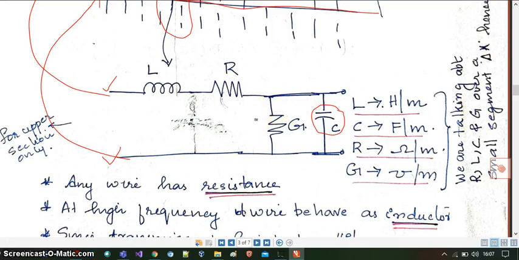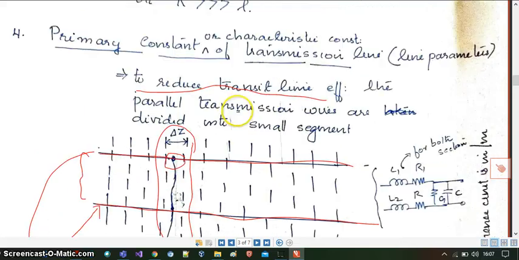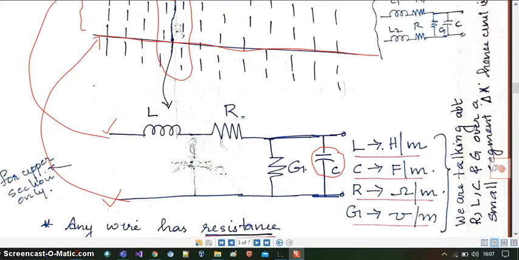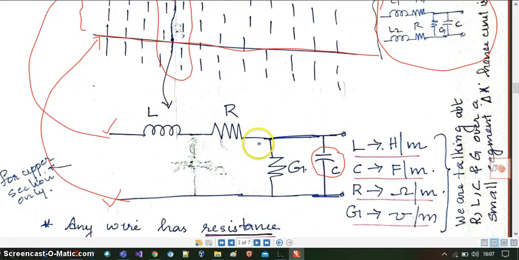So this is the equivalent circuit of a transmission line. Here I have drawn the equivalent circuit with respect to one arm only. Here you can see I have drawn it with respect to the two parallel wires. So you can draw it as L1 R1, L2 R2, G and C. Both are the same.